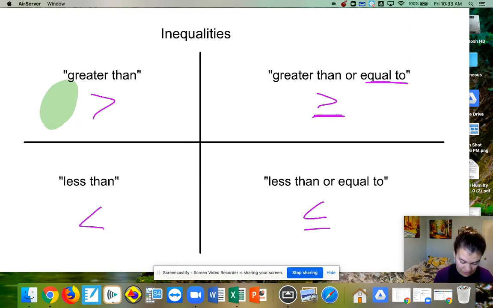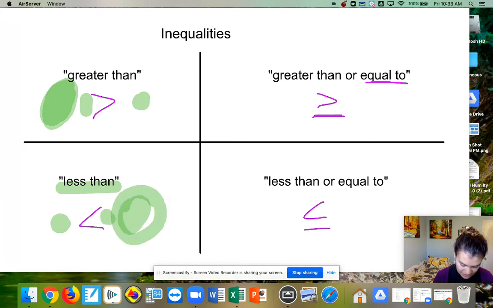So here, greater than, we're saying this number is bigger than what's over here because the big side of the inequality is facing that direction. If we look at this one, the big side is here, so it's saying this number is bigger than this one, so then this one has to be less than this one. And the same with the other two.